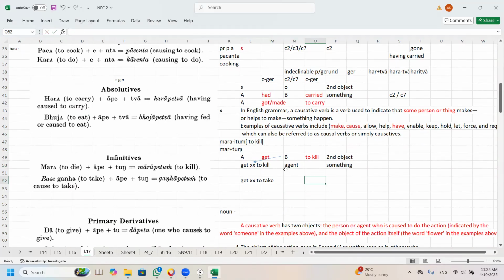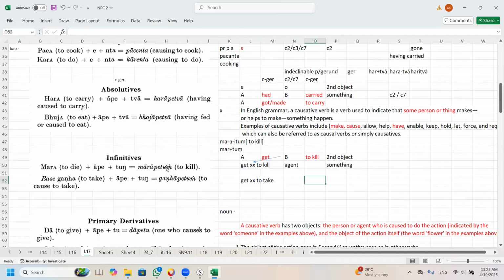So the word here is ape, get. Get who? You must take the agent, so the agent must be inside your sentence. I put B because I don't know the agent. Get B, so I put X, followed by the word to kill.